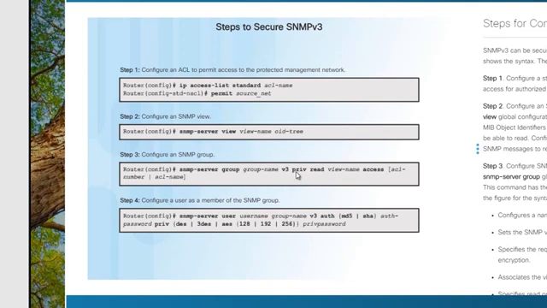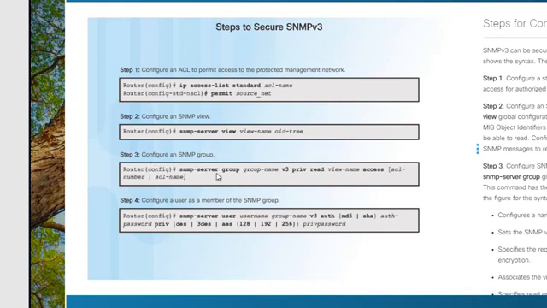So you've got those three different options that we saw in the table a couple slides back. The view name, which is the view name we just defined up here. Access control list number or name, whatever it is you set up there is what goes down here. Okay, so that's configuring the SNMP group.